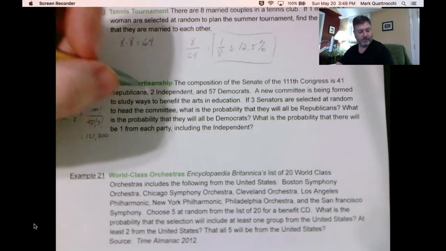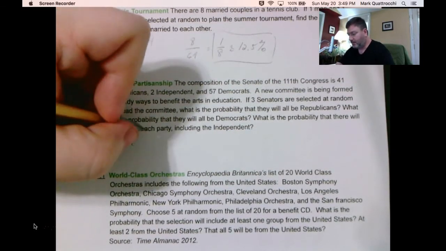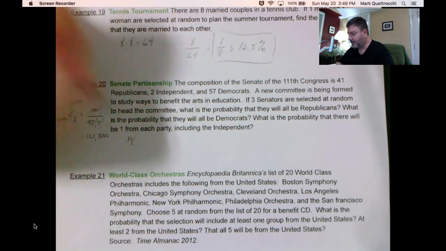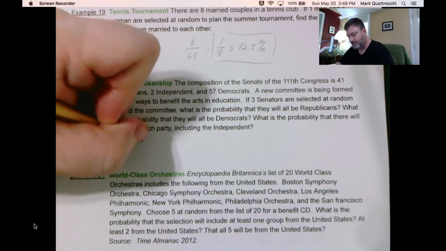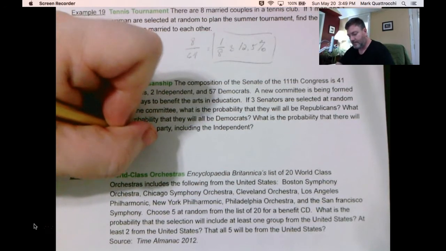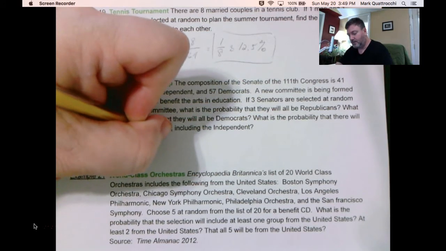If we're going to do the probability that all 3 are Republicans, then there are 41 Republicans.